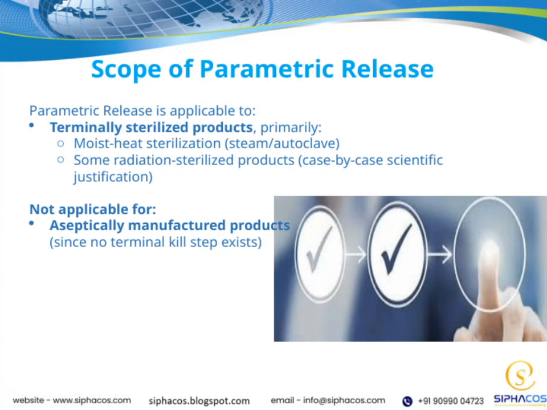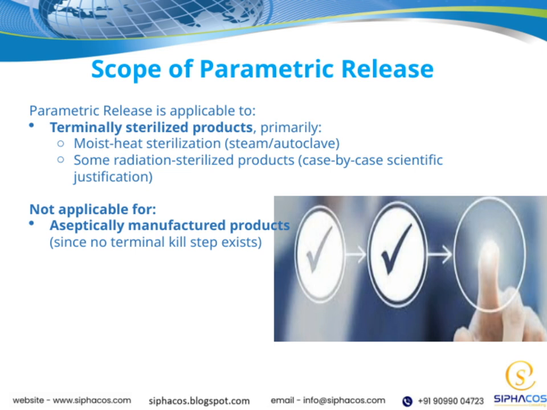Now, let's discuss the scope of parametric release and where it applies. Primarily, it is applicable to terminally sterilized products. These are products that undergo a final sterilization process that ensures they are sterile before leaving the manufacturing process. The main methods here are moist heat sterilization, such as using steam or autoclaves, which are very common in the industry.